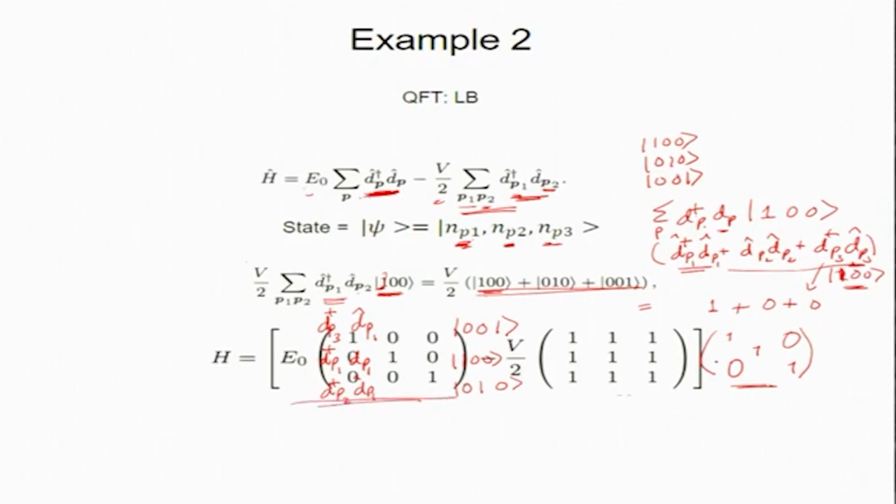So this is a diagonal matrix, and this one will be 1 1 1, all ones, right? 1 0 0 acting on this operator gives 3 ones in the first column. Then you act on 0 1 0, I will get the second row, 0 0 1, I will get the third row. So this is my operator, clear? Okay. Now, what is the eigenvalue of this?